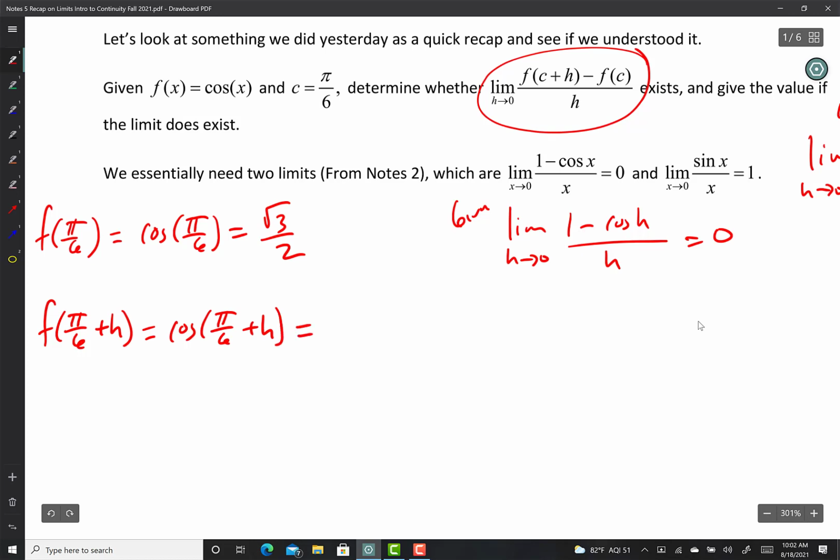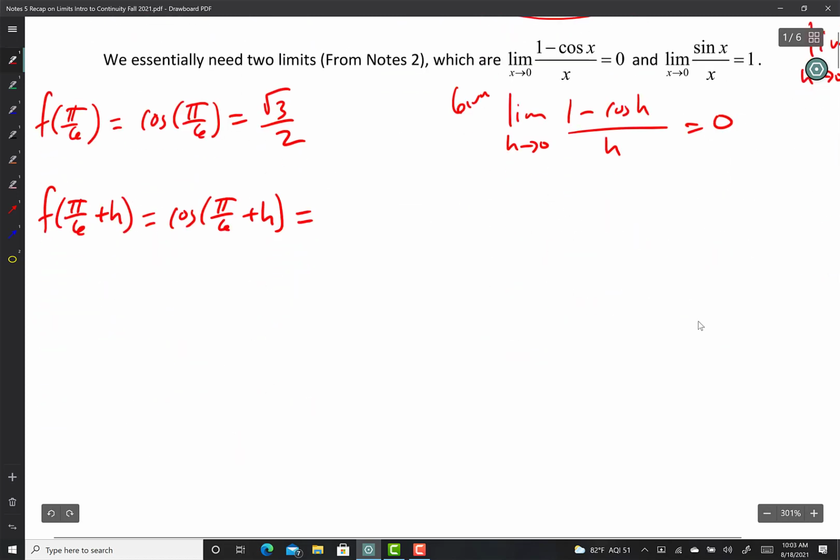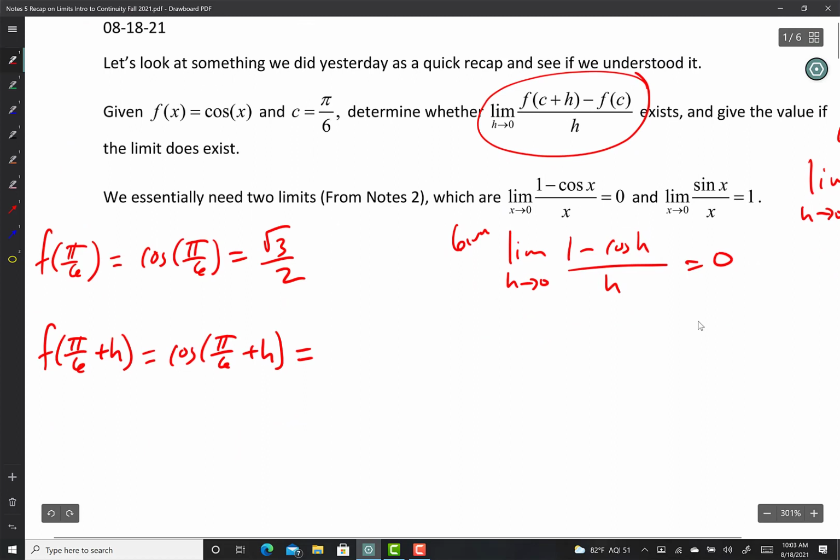And remember yesterday we used this property, and I'll write it over here. Cosine a plus b. We said that was cosine a cosine b minus sine a sine b. Are we still okay, guys? Alright, so this is expanding it using that on the top.